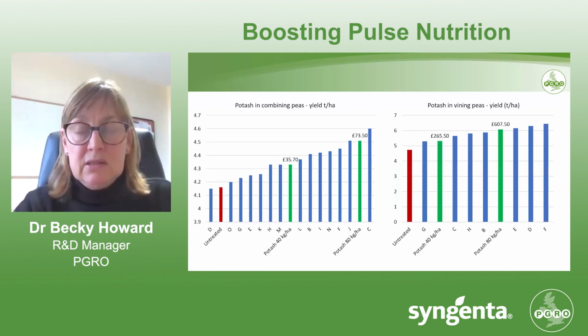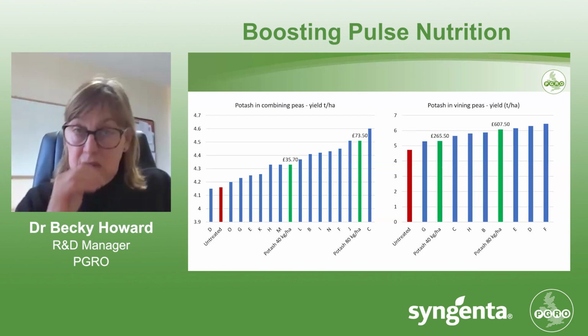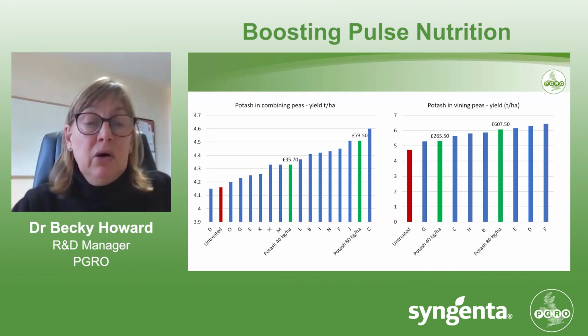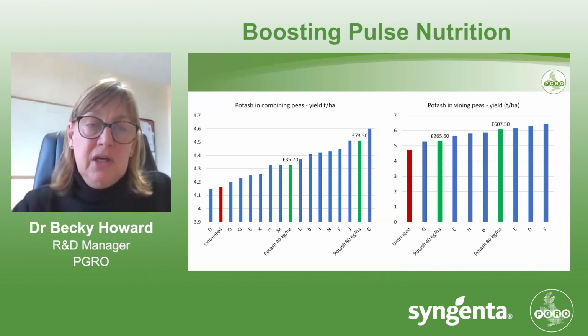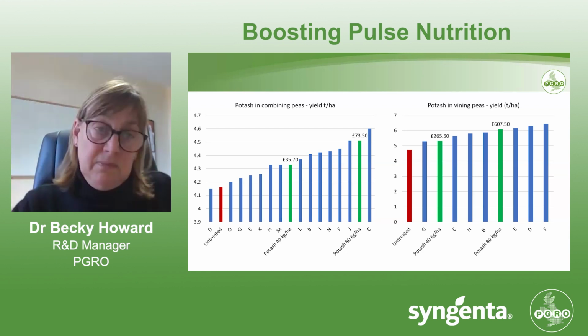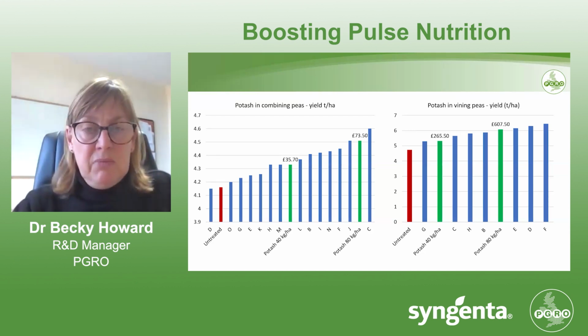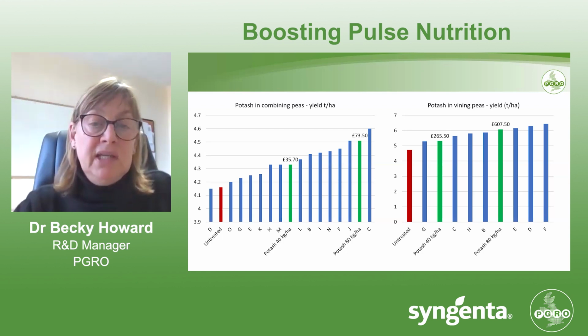But when we look at peas, both combining peas and vining peas, which were tested at the same time on the same site, adequately supplied with potash at an index 2, we can see they are responding quite strongly to potash applications at reasonably low doses actually. So it's not expensive. At current price, we're looking at about 12 to 25 pounds per hectare to apply 40 or 80 kilograms of muriate of potash.